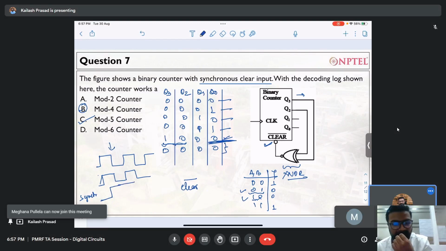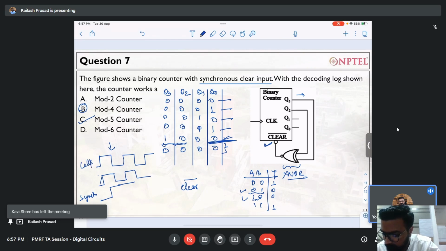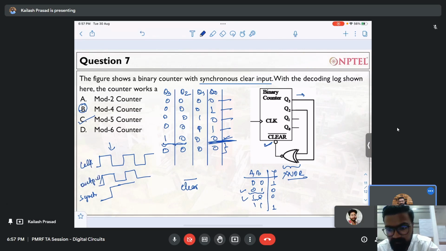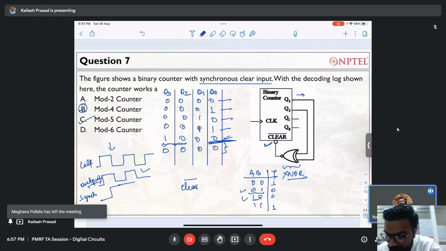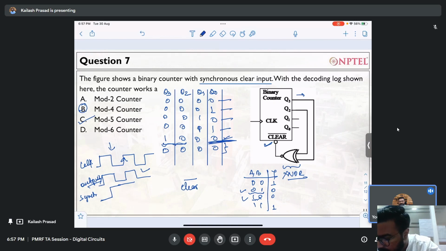If this is the clock and this is the output of any circuit, this output won't go 0 immediately, okay? It will wait for the next clock cycle, and then only the output will go 0, right? I think I have not taken a correct example over here.